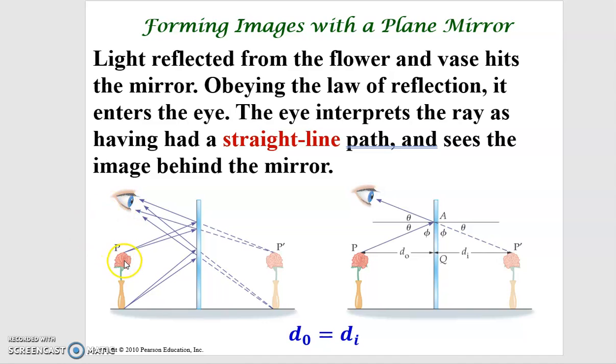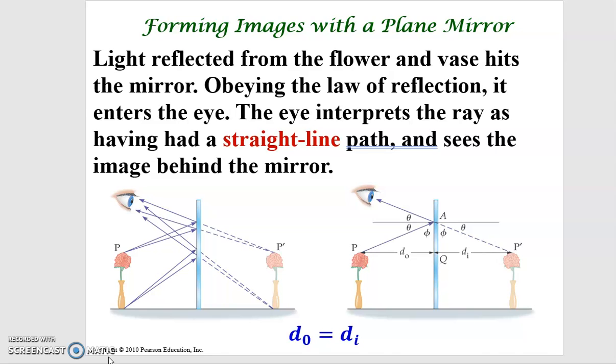For example, some light will be reflected by the flower, but it may go in this direction and be reflected this way, so this kind of light cannot enter your eyes. But as long as some light is reflected from the flower and enters your eyes, ideally you can see the image, though how bright or clear it is may vary.